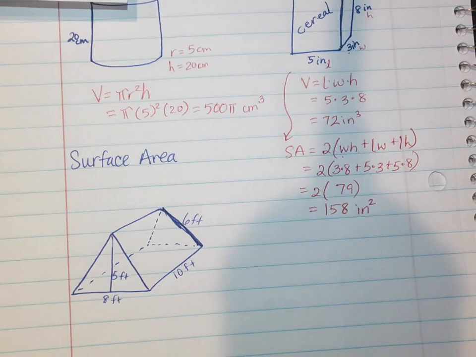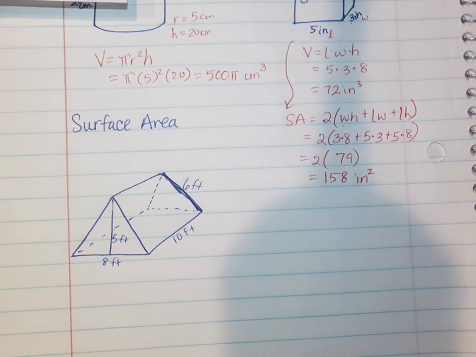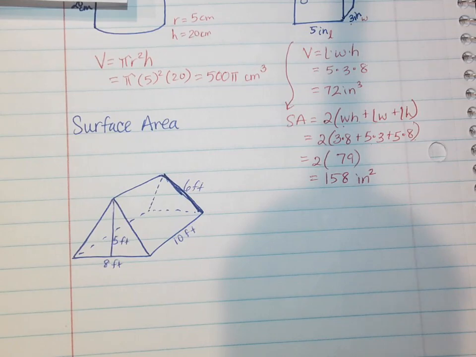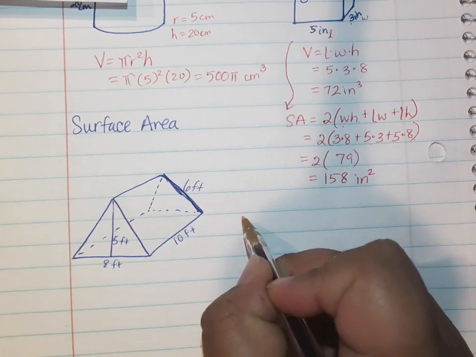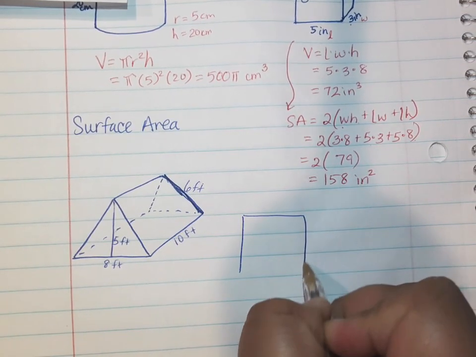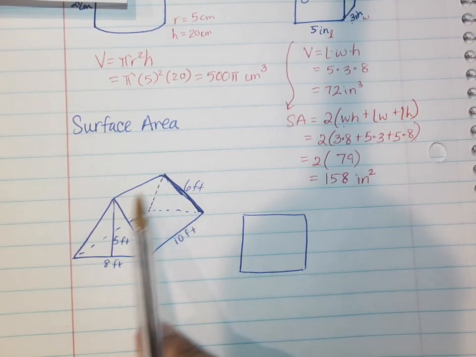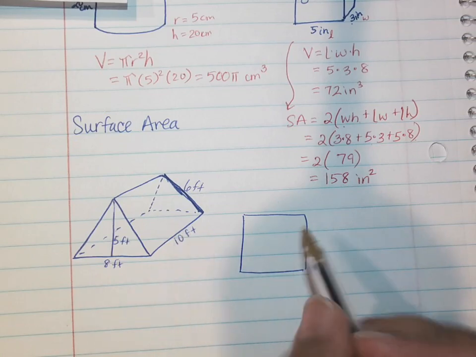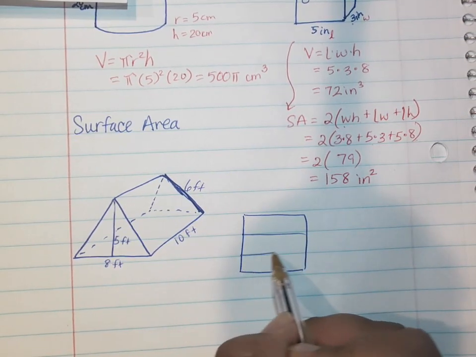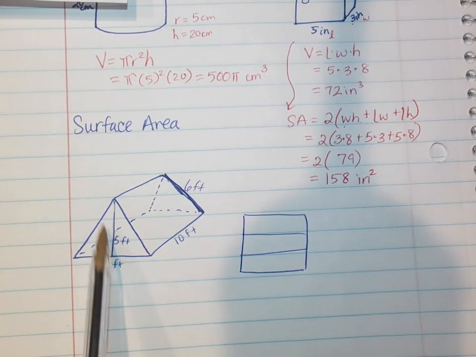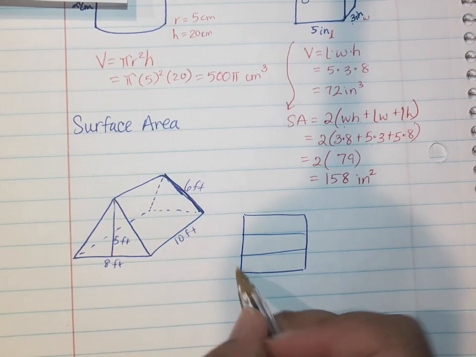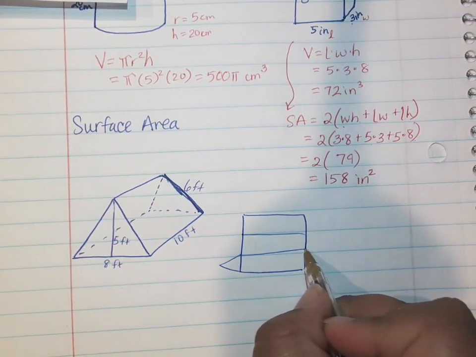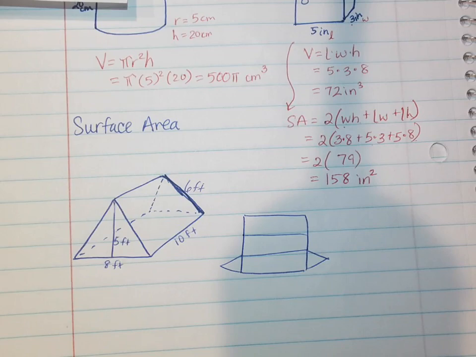If you're doing netting, basically you're looking at, if you were to open this shape up, what would you see? This is a rectangle, the back side right here is a rectangle, and the bottom is a rectangle. So we have 3 rectangles, then we have 2 triangles. And that would be the netting.